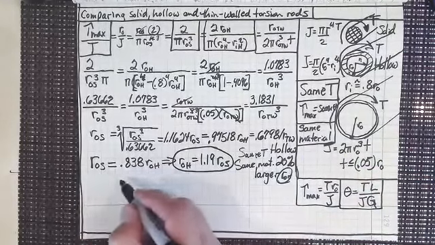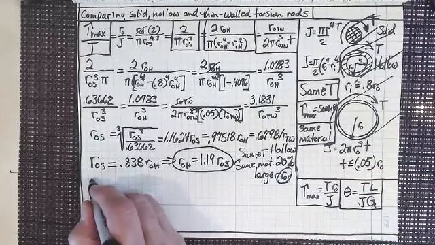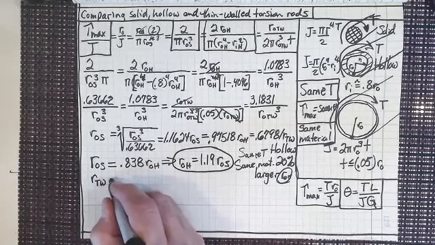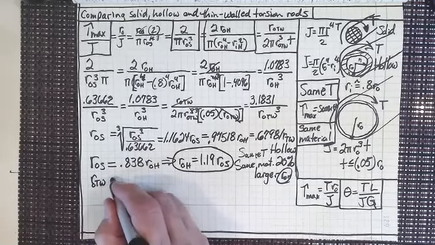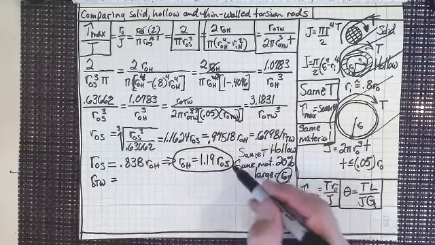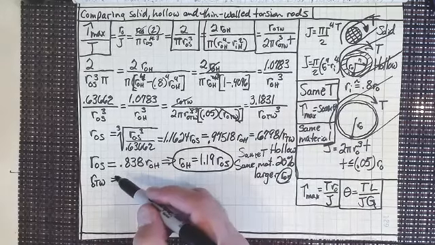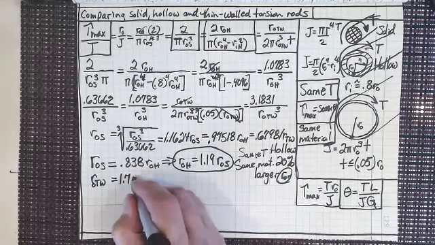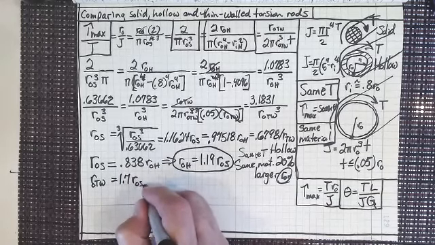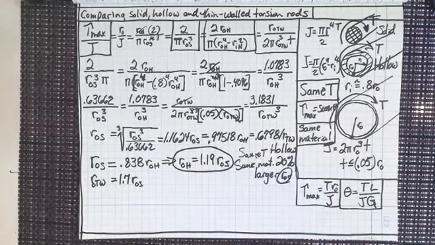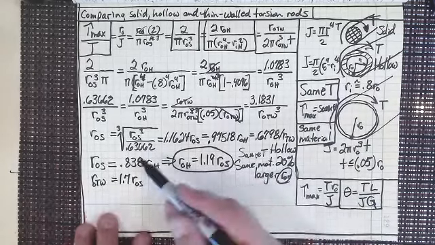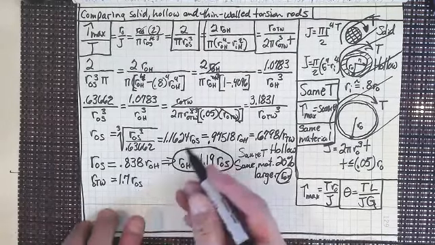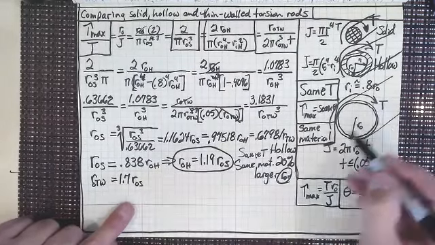Now, how about the thin-walled tube? If we look at the outer radius of the thin-walled tube compared to the solid tube, I get 1.7 times the radius of the solid. We could figure it out for the thin-walled tube compared to the hollow, but who cares? We're really comparing everything to the solid. So that's 70% larger.